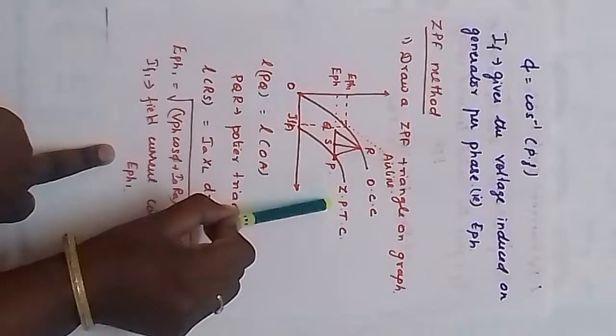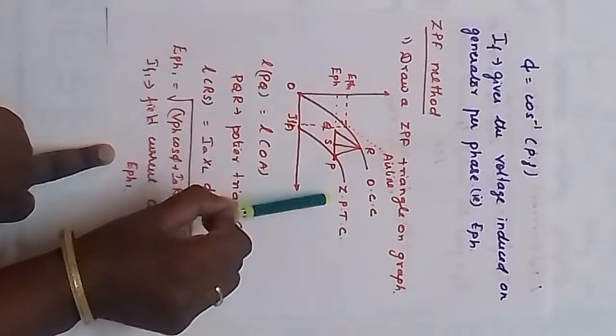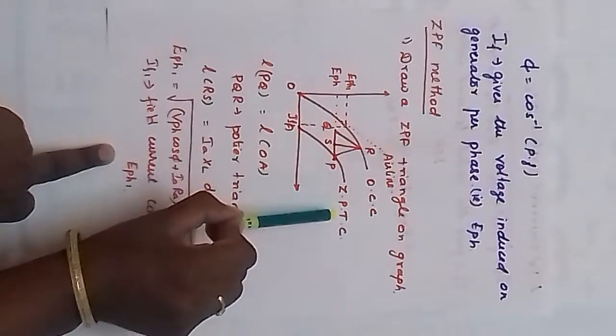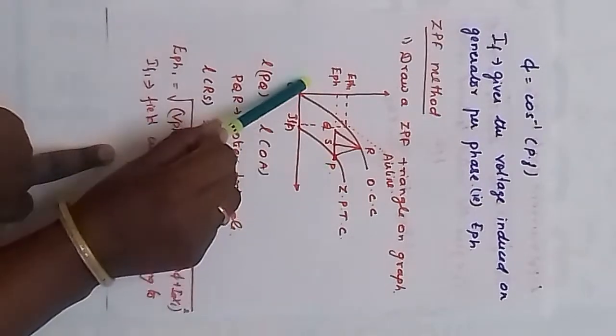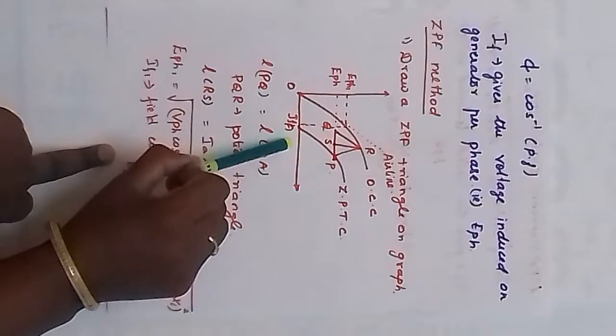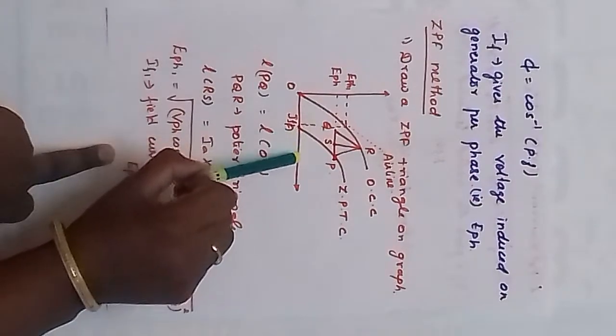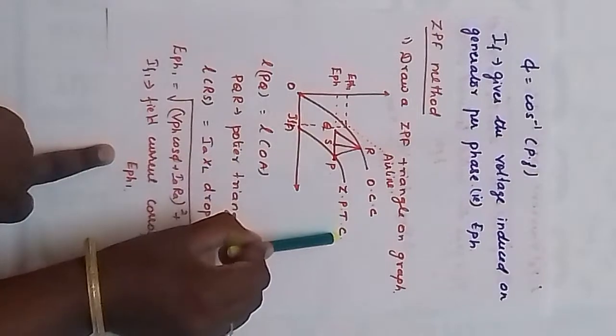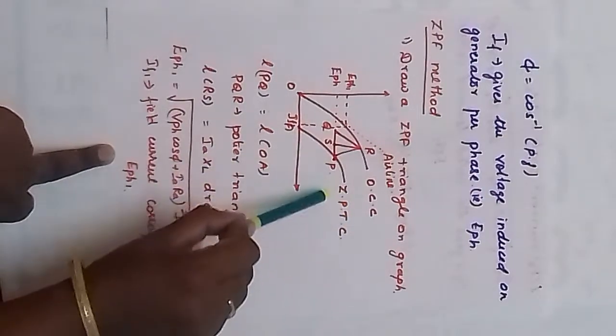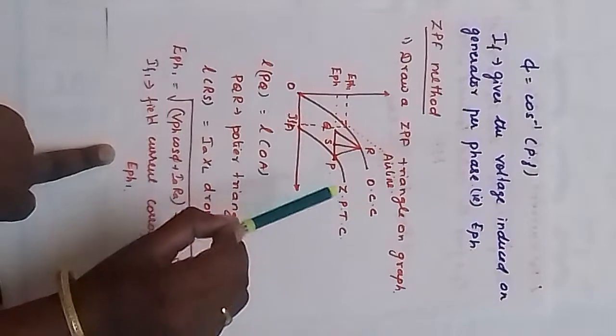And then the zero power factor characteristics. For the zero power factor test, by applying a pure inductive load, we get the terminal voltage and then the field current. So for different field currents, we get different values of voltage, and we can draw the zero power factor test characteristics.